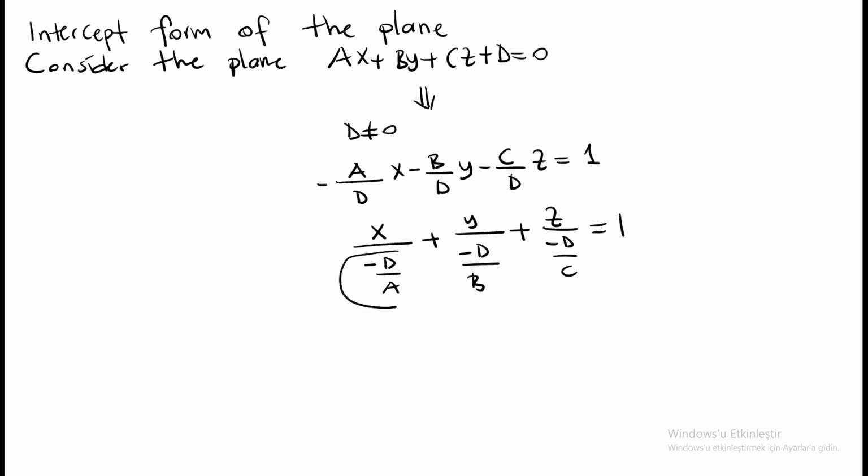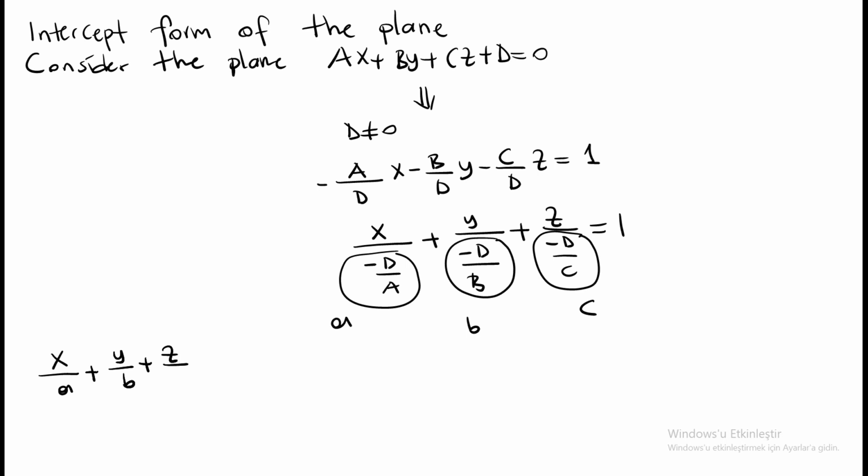So this one, let's say A, this one, let's say B, and this one, let's say C. So we have this one, X over A, Y over B, Z over C equals 1. This is the intercept form.